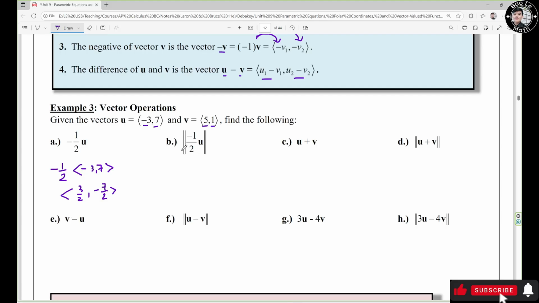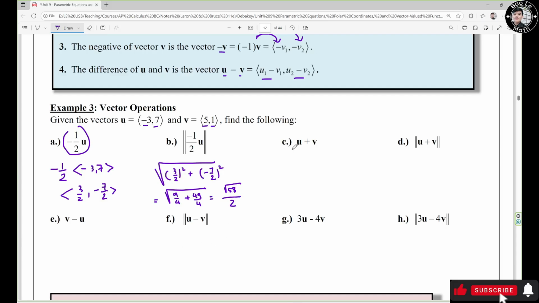Now, question B, you're gonna take the magnitude of this one, right? So you're gonna have square root of 3.5 squared plus negative 7 over 2 squared, right? So you're gonna simplify, it's gonna be square root of 9 over 4 plus 49 over 4, right? So it's gonna be square root of 58 over, now square root of 4 equals 2, right?